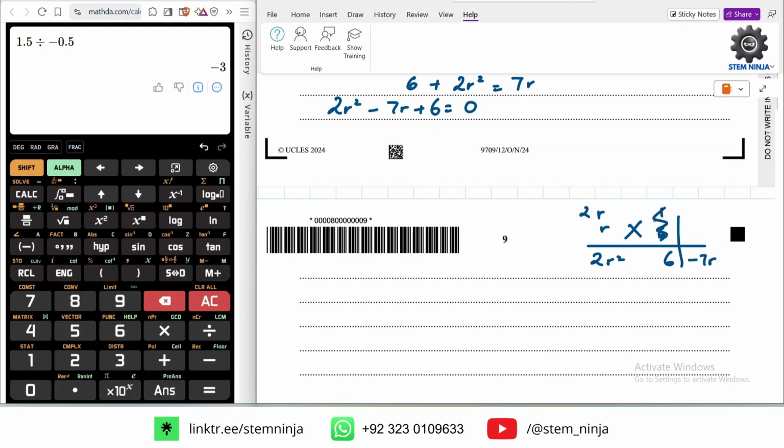If both of them are negative, okay, so 2r minus 3, r minus 2 equal to 0. So r is either 3 over 2 or r is 2.